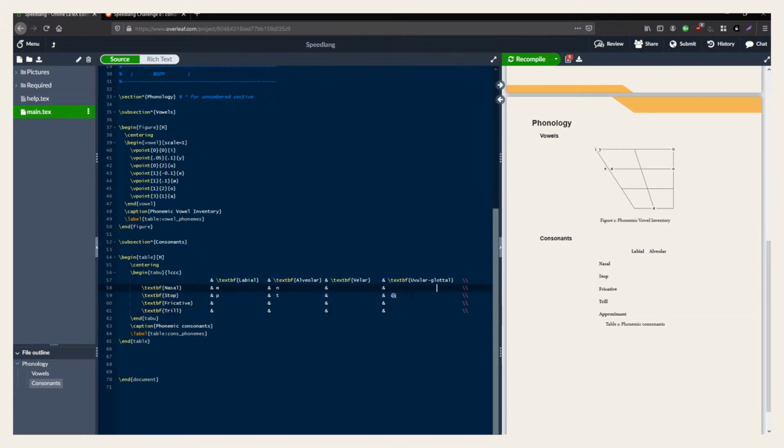So if I want something glottal, actually I'm just going to go with uvular. Why bother, really? Yeah, I'm finicky about my tables. So if I want that, I'd rather not insert that in a Speedlang because I don't have the time, or will, really, to think about it too much and make it actually viable.